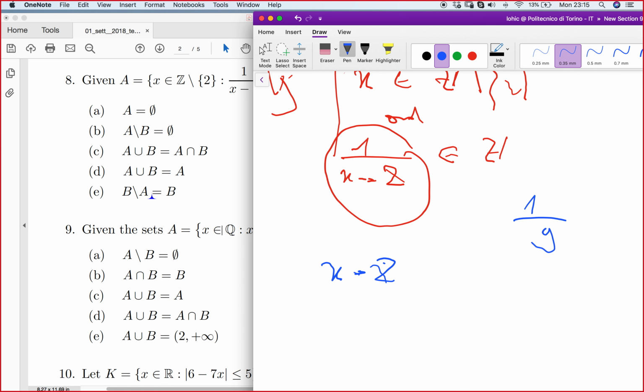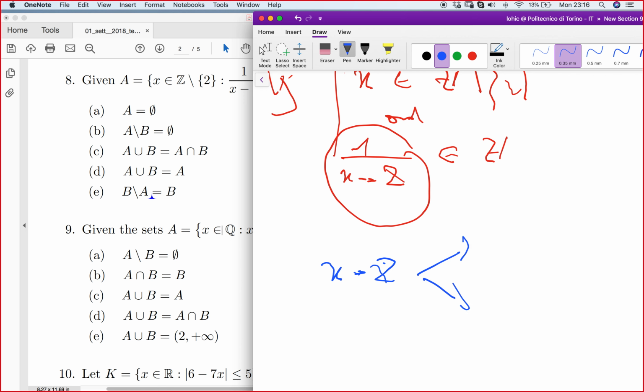But is 1 over 9 an integer? We want it to be an integer, so 11 doesn't work. So what are the values of x minus 2 that make this an integer?